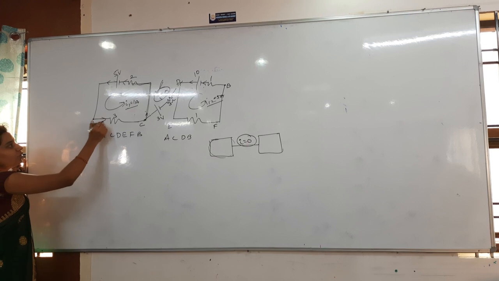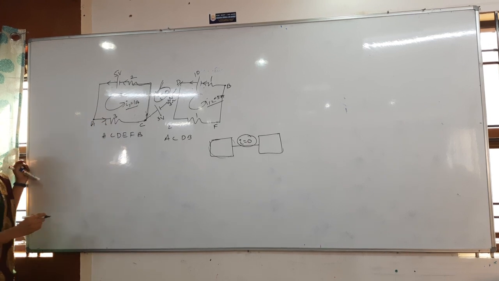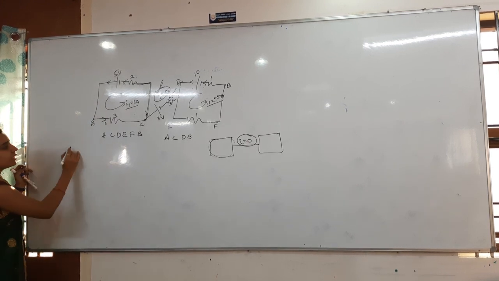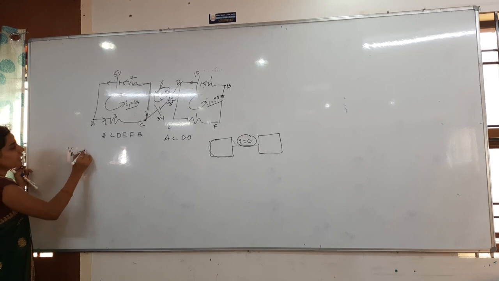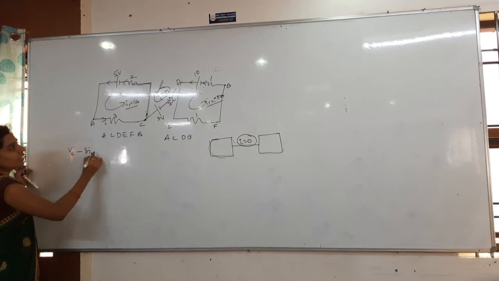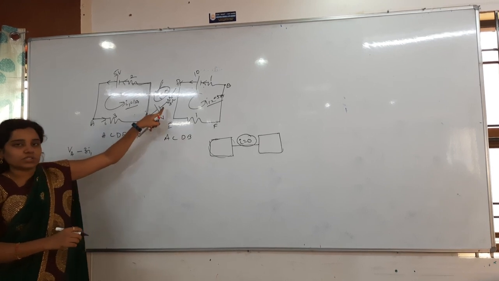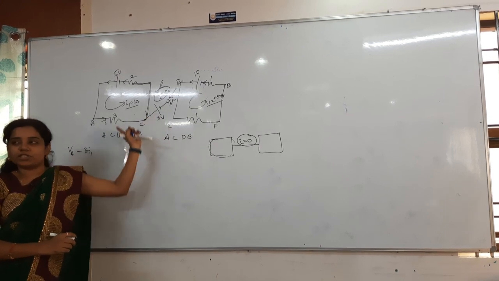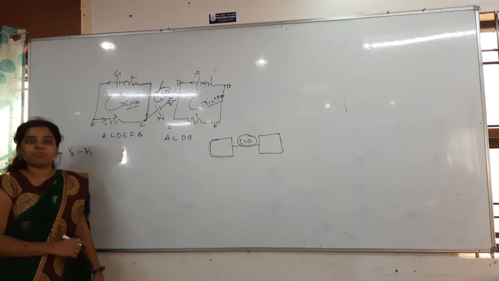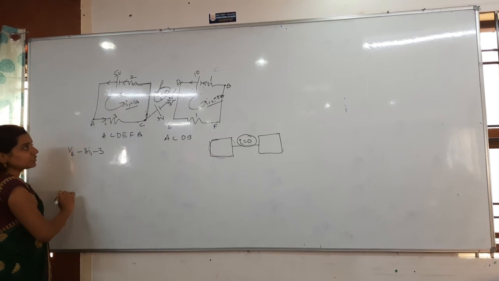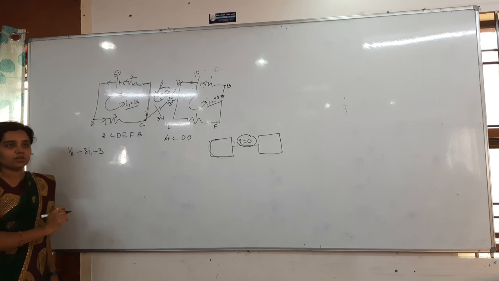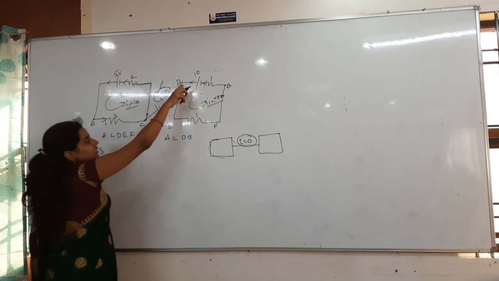Now A, C, D, E, F, B. At A I have started, how much current is flowing here? 1 ampere, right? I1. Now what I can write? VA and then minus 3I1, and then here I am going in the battery, we are going from positive terminal to negative terminal, higher potential to lower potential. What will you get? Minus 3 volts. In this current flow is how much? 0. So current is 0 there. Next I am coming here.